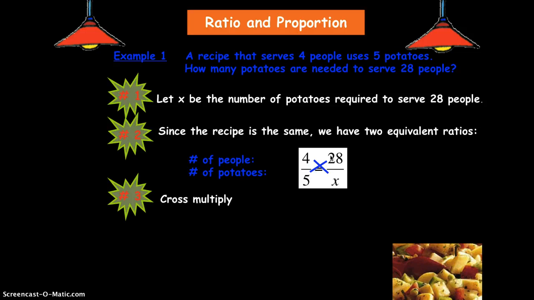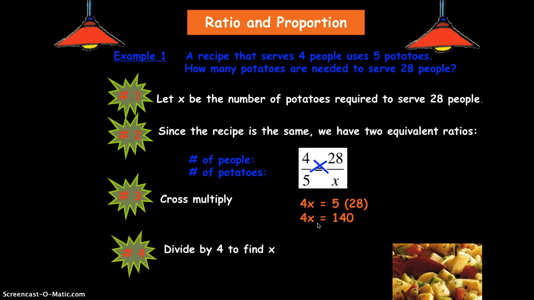There you go, that's your cross, and then we are multiplying. 4 times x is equal to 5 times 28. Simplify this equation, you will have 4x is equal to 140, and because this is multiplication, we use division to solve this problem, and remember, divide both sides by 4.